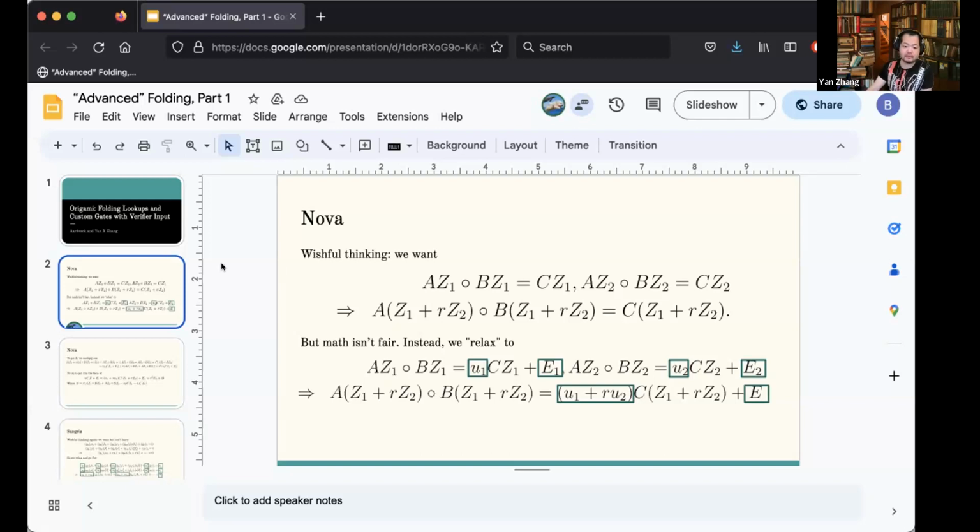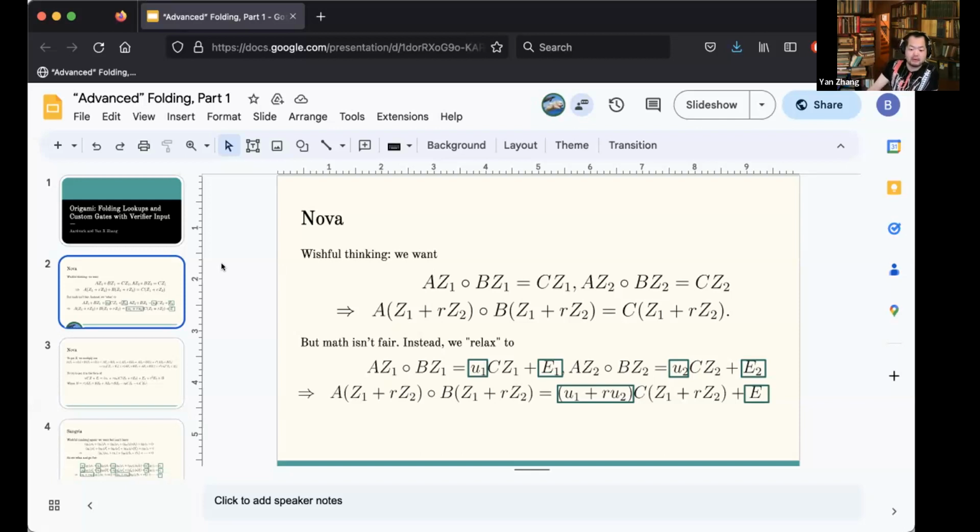For me, the way I like to think about this folding stuff is that it all comes from a wishful thinking kind of direction. I know you might have seen Nova and Sangria already, so hopefully this is a slightly different perspective.